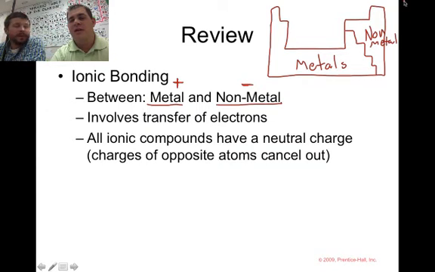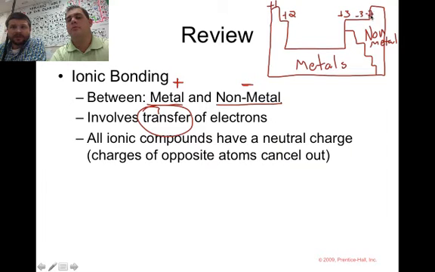Transfer, and then dealing with all the positives, positive 1, positive 2, positive 3, minus 2, minus 1, and how they interact with each other. So they cancel out to become neutral overall. A neutral compound.